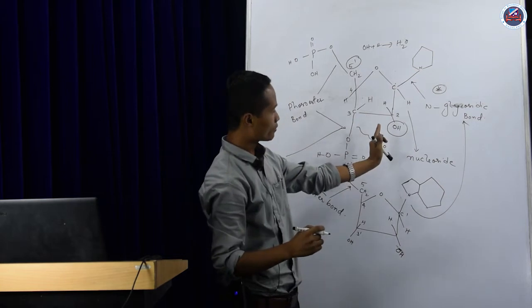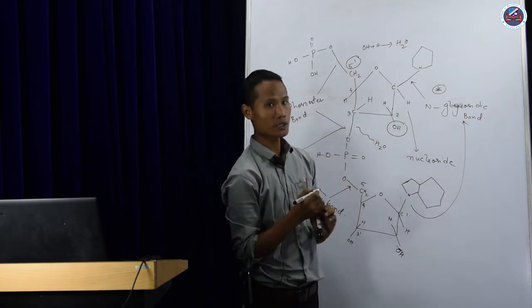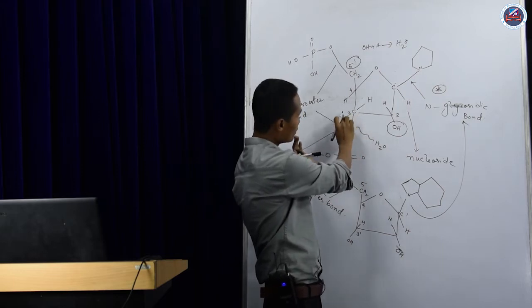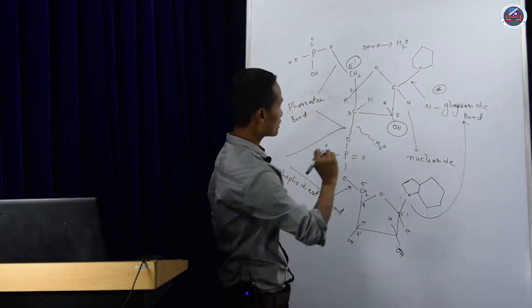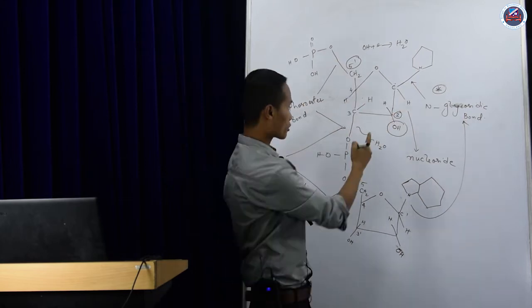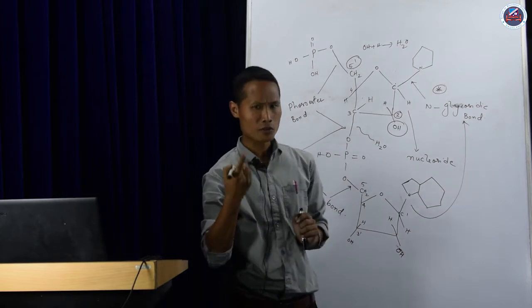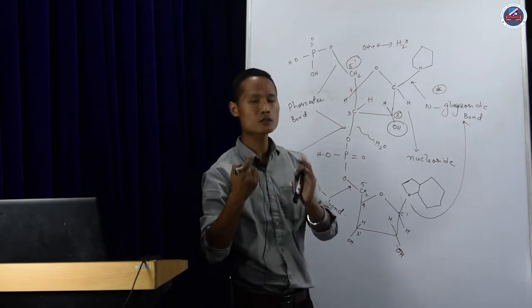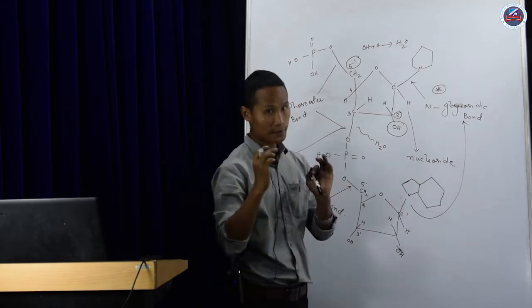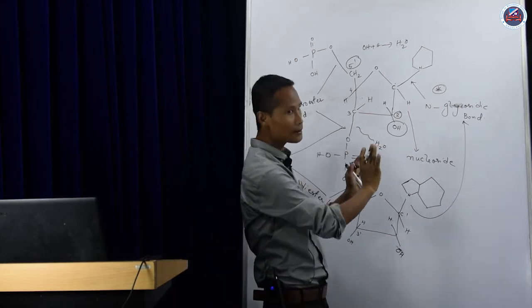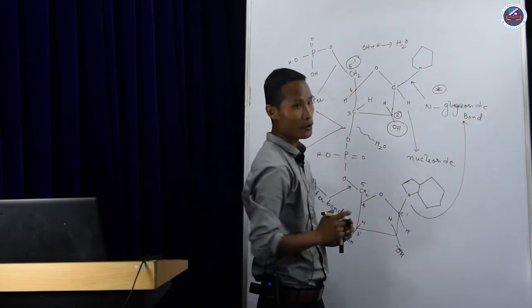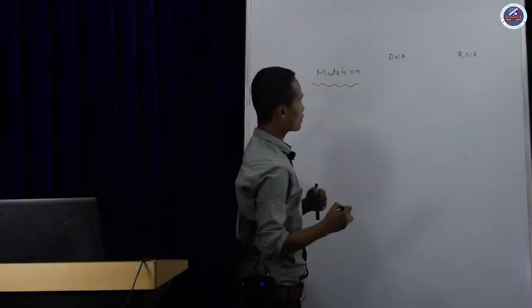So this is the reason. The first point is the hydroxyl group. In DNA, you find only one hydroxyl group at the 3' position, but in RNA, you find an additional hydroxyl group. The more the number of hydroxyl groups, the more reactive the molecule becomes. So one point is clear: RNA is more reactive as compared to DNA based on the number of hydroxyl groups.